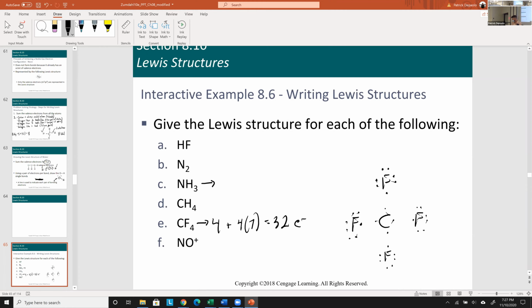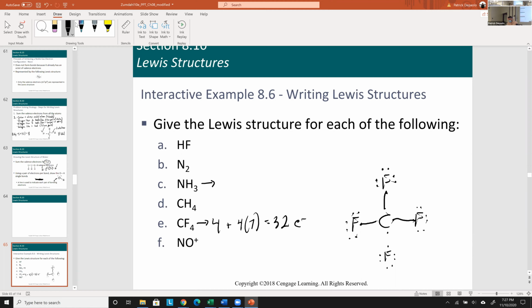I like this method a little bit better. After you do that, it becomes very apparent that carbon needs 4 bonds. To get to 8 electrons, it needs 4 more electrons. It only has 4 dots. So it's going to bond to a fluorine that needs 1 more to make a single bond.